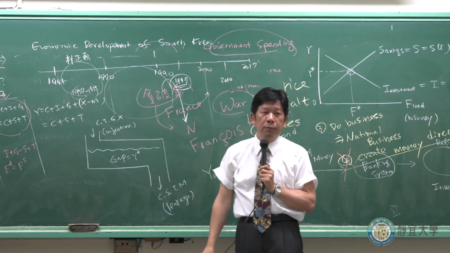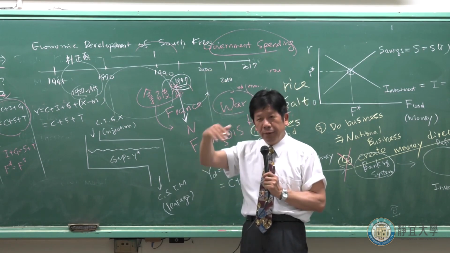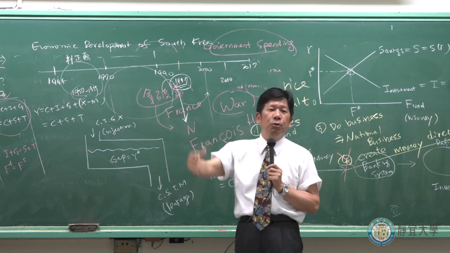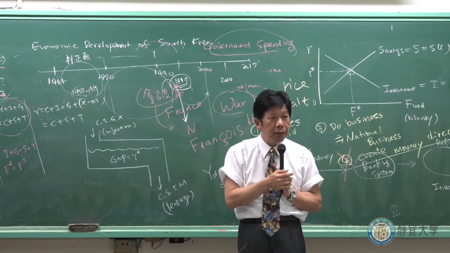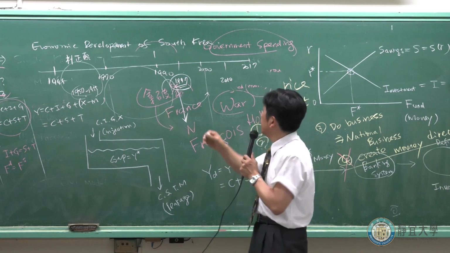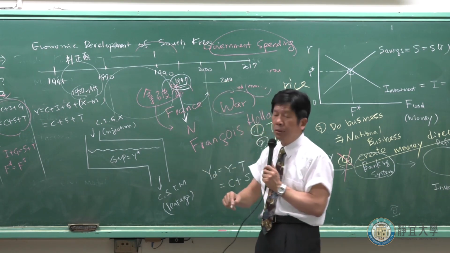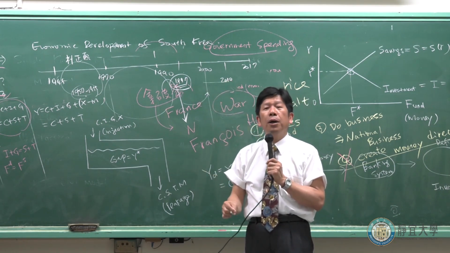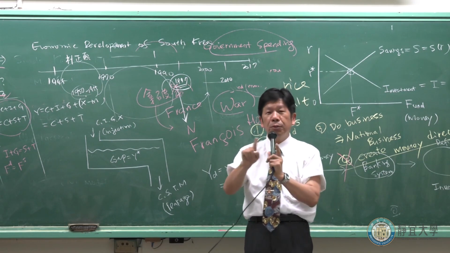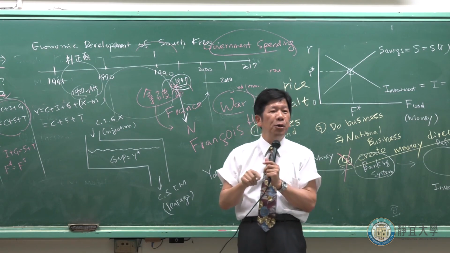Before 2000, Taiwan always had a better situation than Korea, okay? But after that, from 2000 to 2010, Taiwan and South Korea, because we always like to challenge, okay?